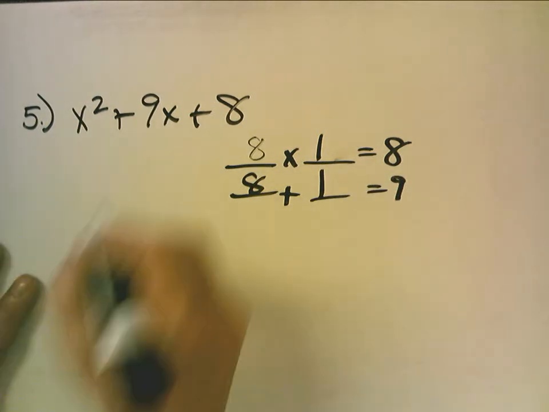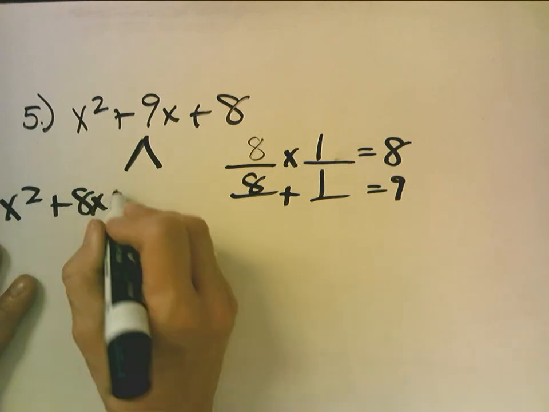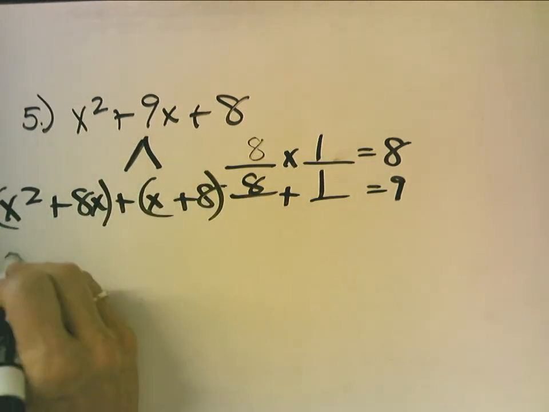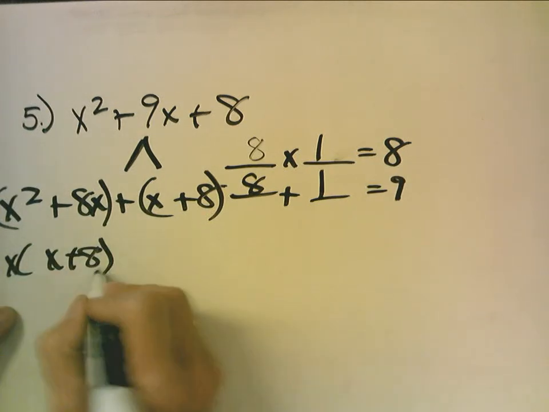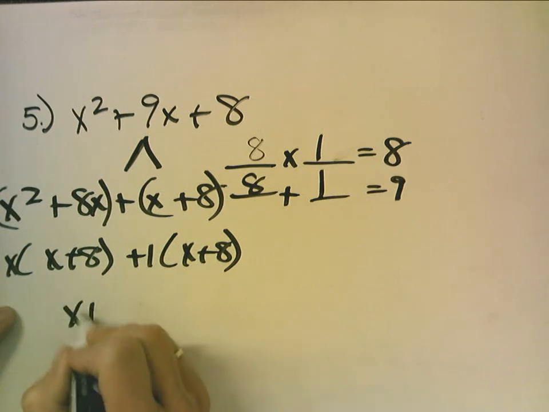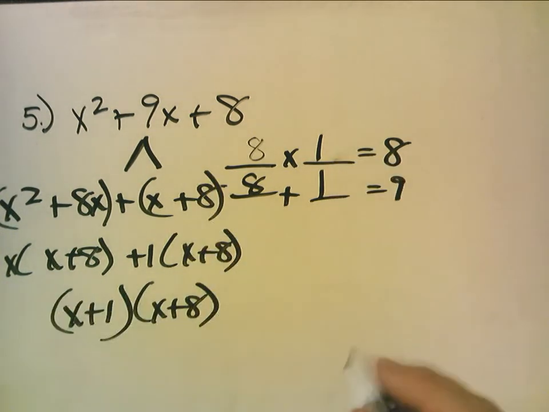Okay, so I'm going to break this into x squared plus 8x plus x plus 8. Factor by grouping. I get x, x plus 8. Take out a 1, x plus 8. And I'm left with x plus 1 times x plus 8, which are my magic numbers, so I could have done the shortcut at the beginning. Okay, so that's the end of this video.